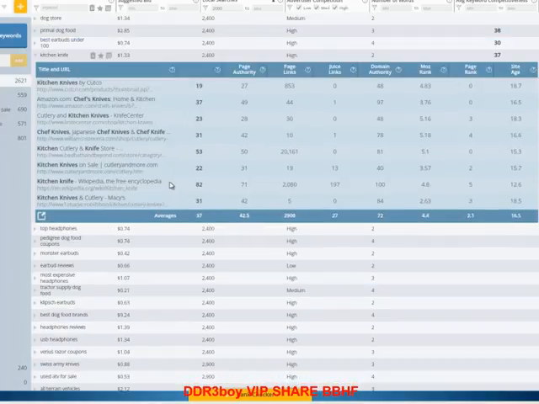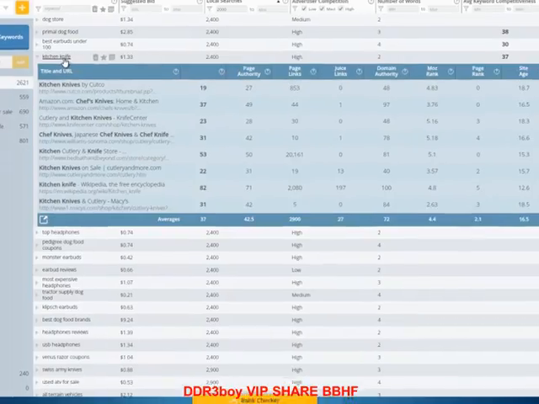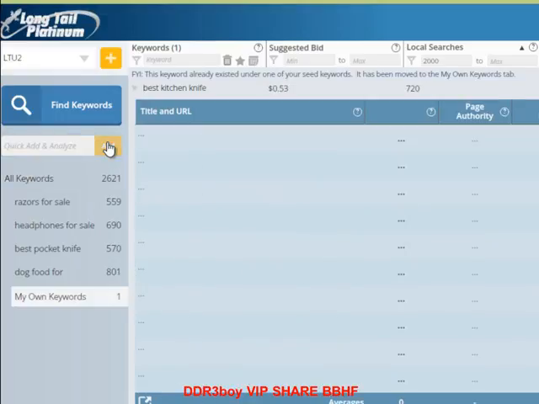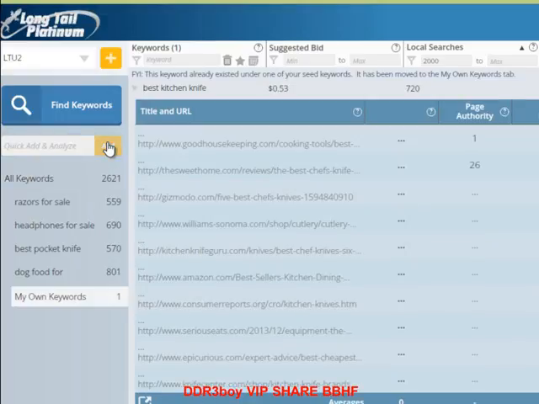Now let's try some things to actually take a difficult keyword and make it a little bit easier by adding a modifier here. So let's say you have kitchen knife, and I want to add a modifier. Perhaps I should add best kitchen knife. My guess is that that's still not going to do it, but we can pop that in there. Best kitchen knife.